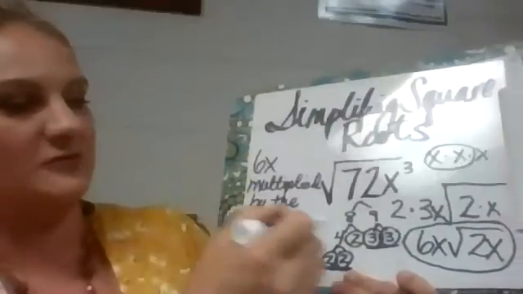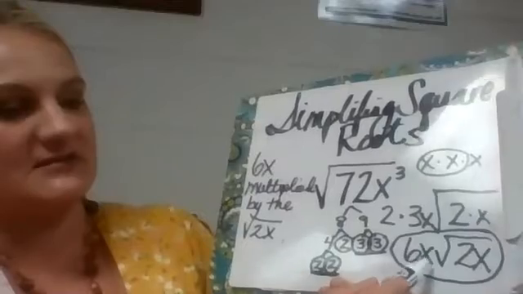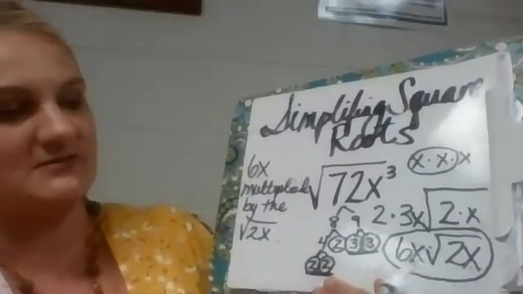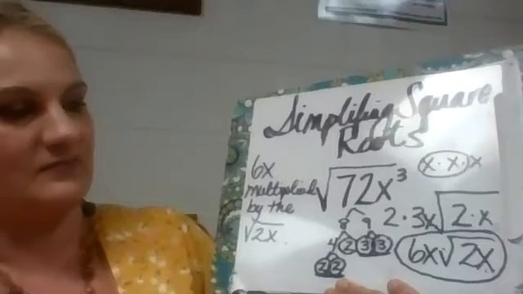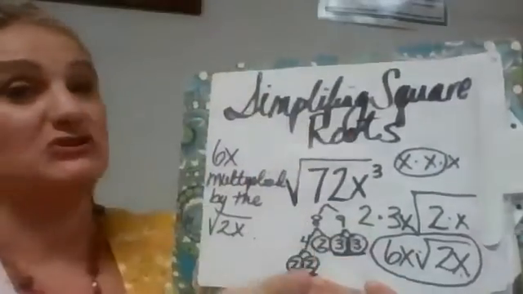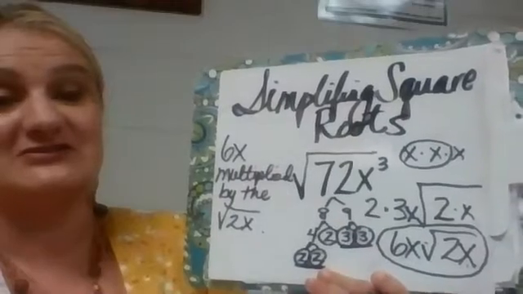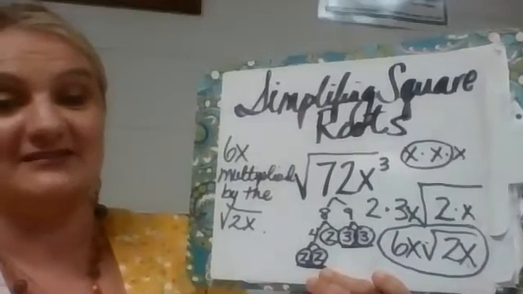And that's how you would verbally say this. 6x multiplied by the square root of 2x. And this was our bachelorette radical style. What did you guys think of that?